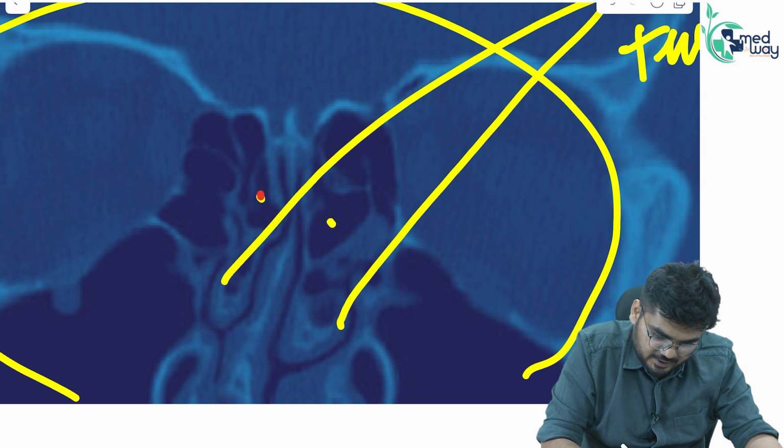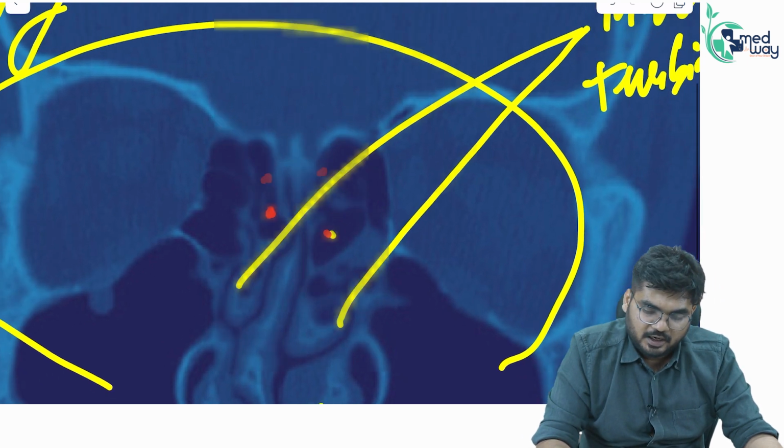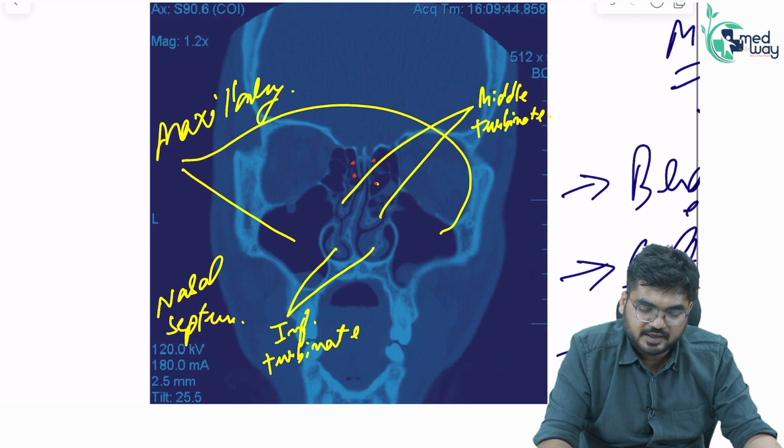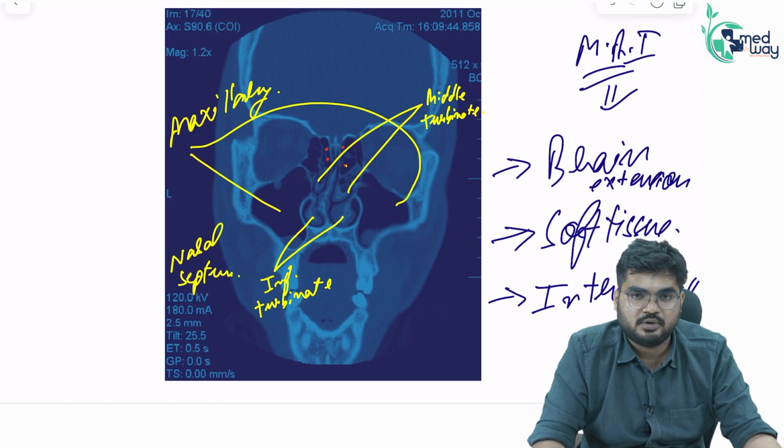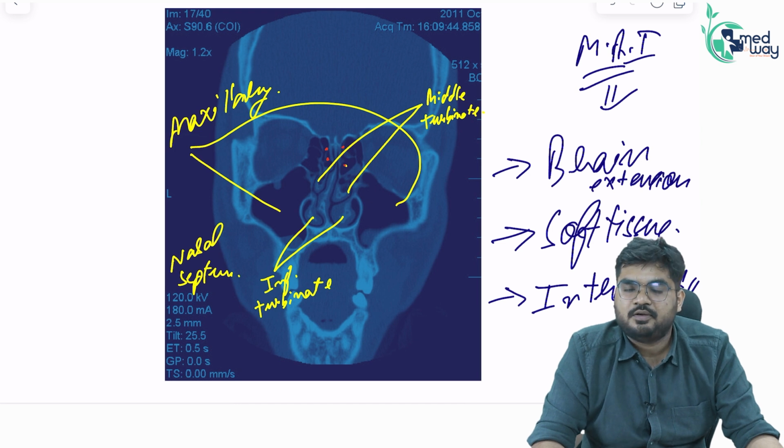You can also see some of the ethmoidal air cells. I'll mark them with red. I hope you are identifying these CT scan structures. Very important, bachcho. You have to understand the radiology part also.